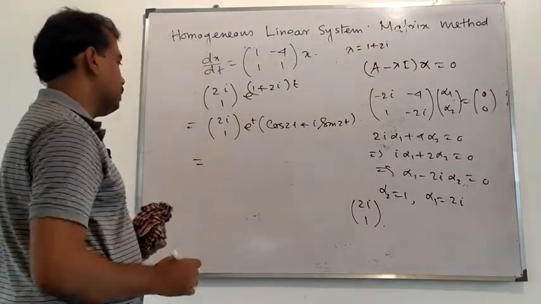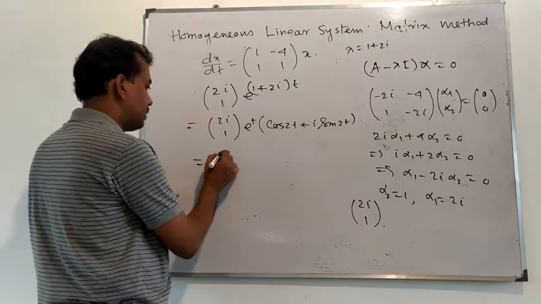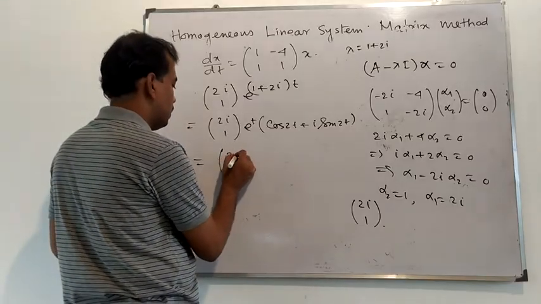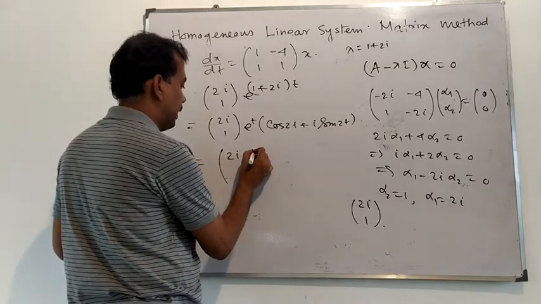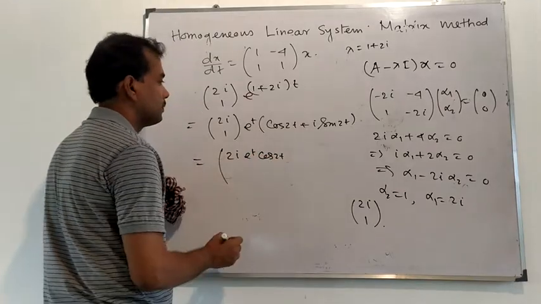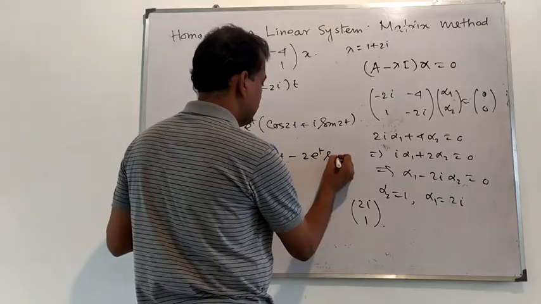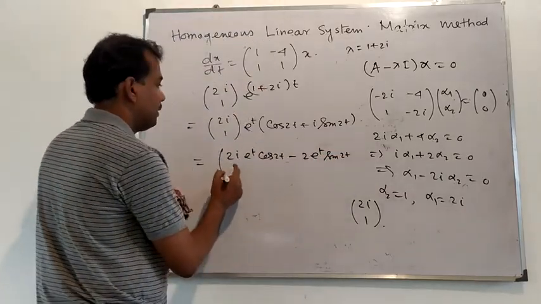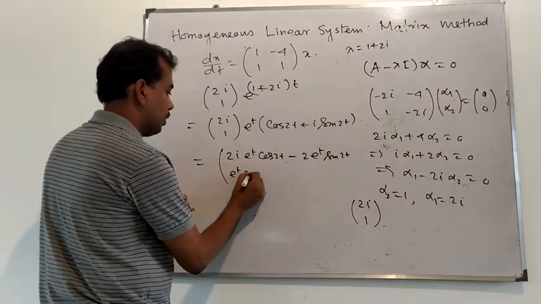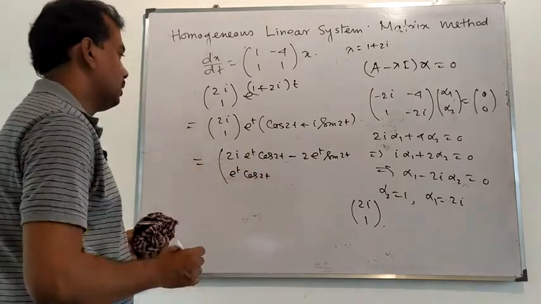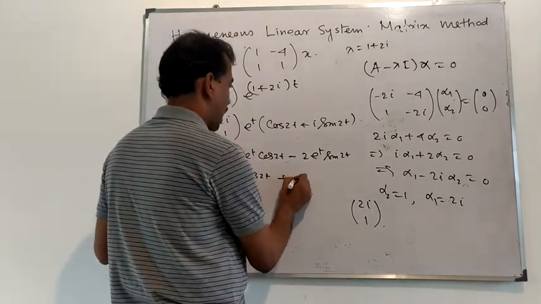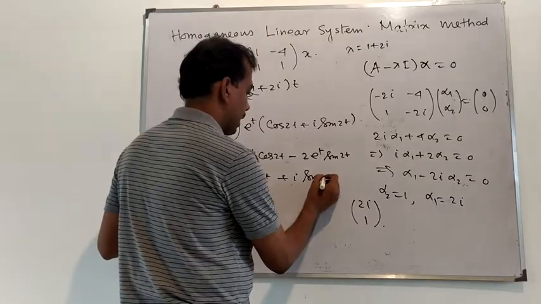This is equal to, first row will be 2i e to the power t cos 2t minus 2 e to the power t sin 2t. Second row e to the power t cos 2t plus i sin 2t.